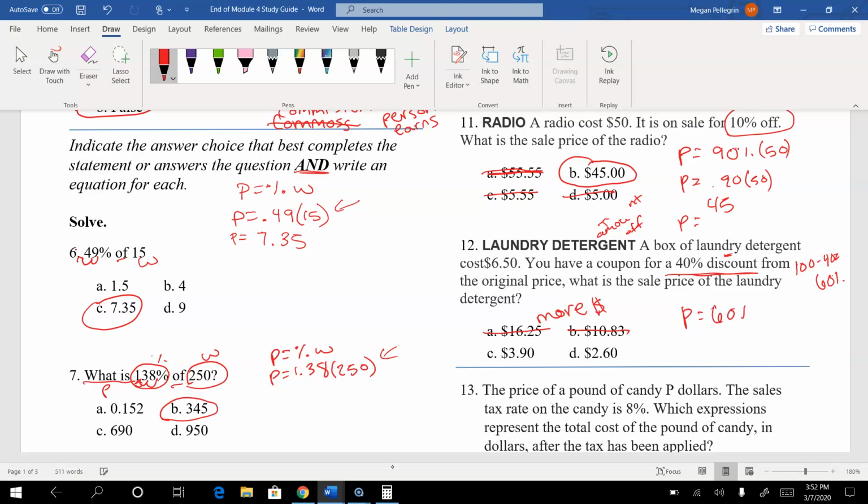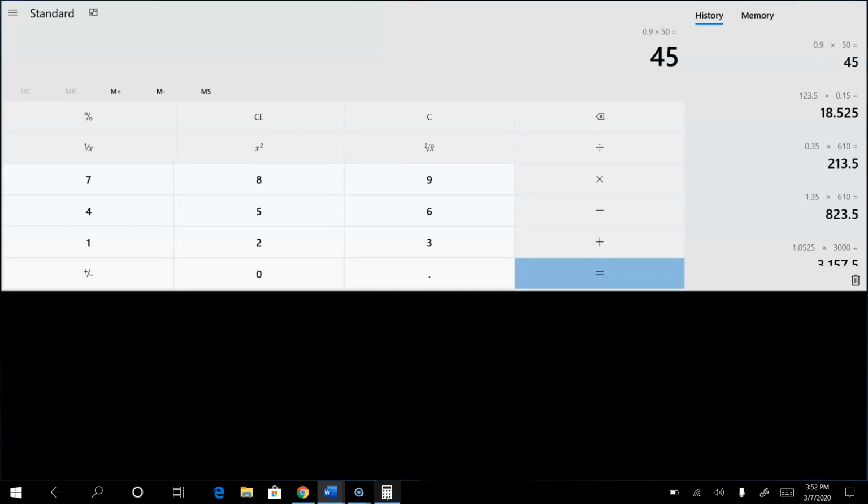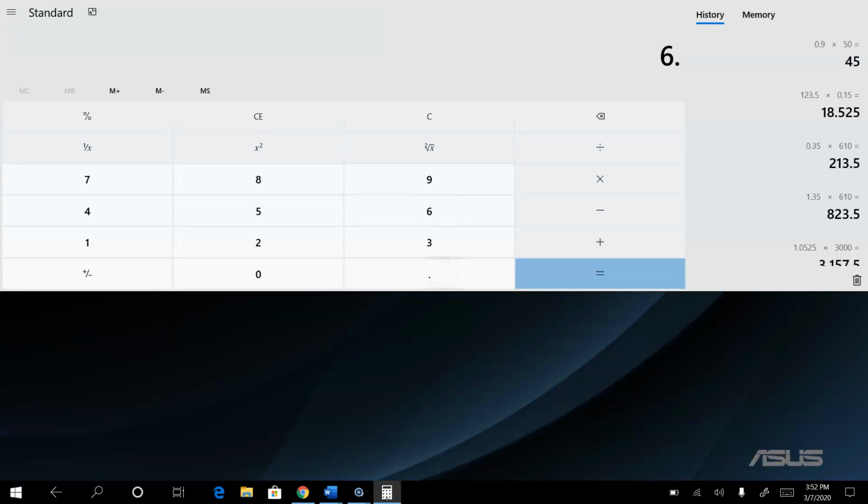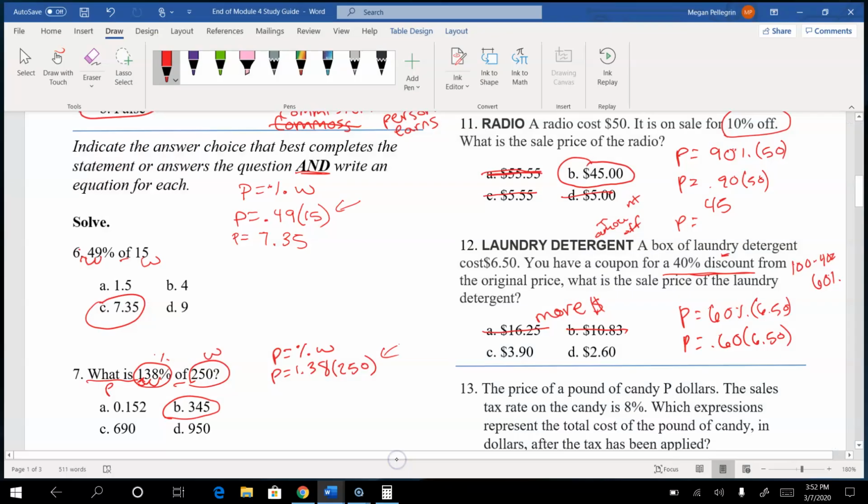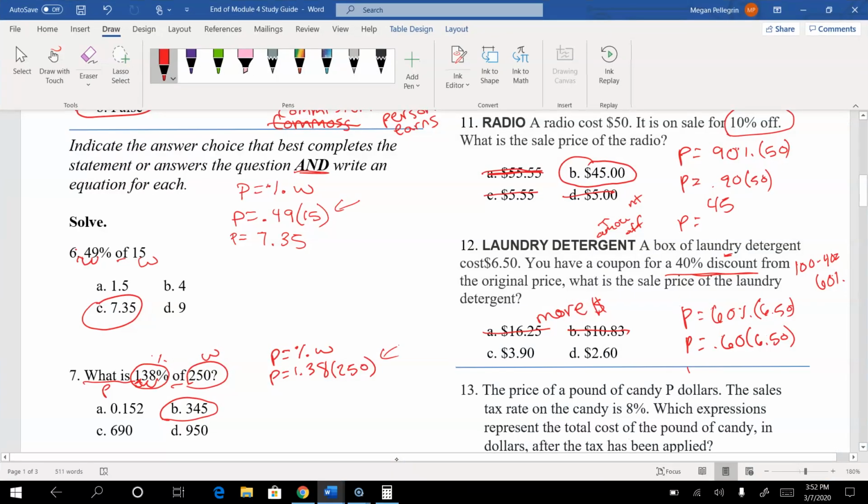So 60% of, meaning to multiply, $6.50. 0.60 times $6.50 is $3.90. So that is our answer.